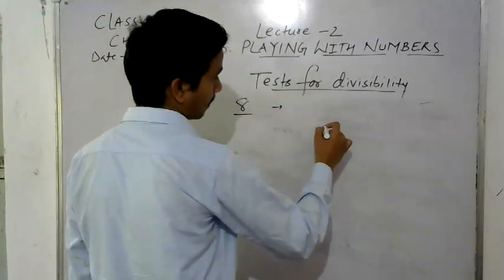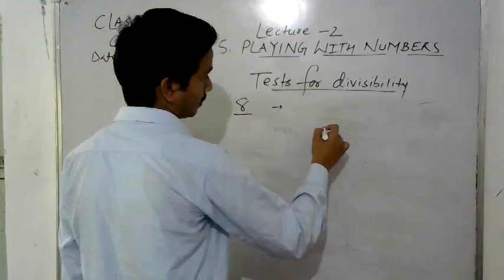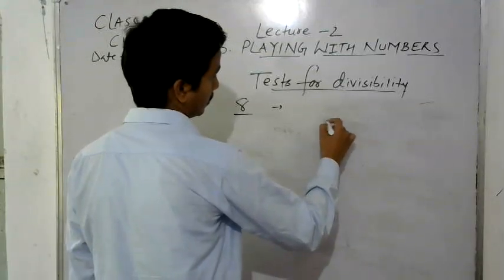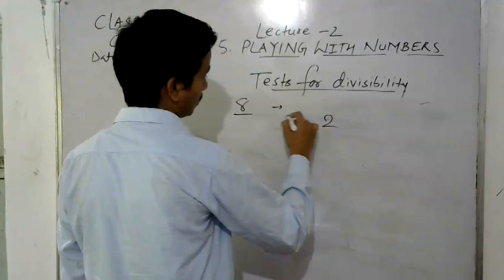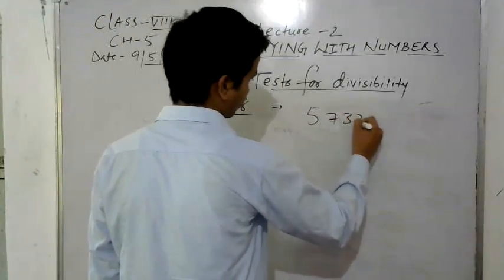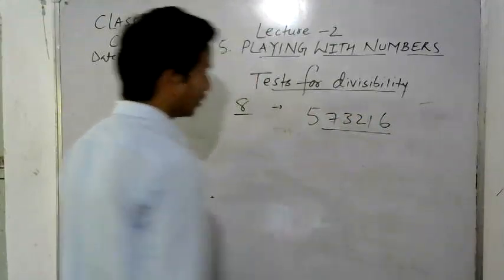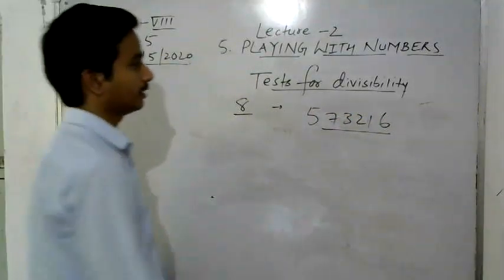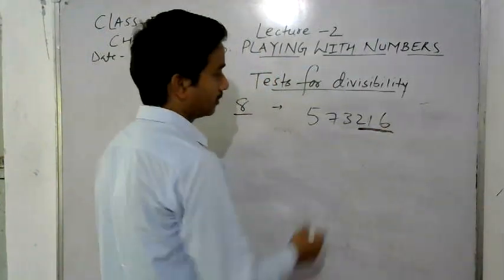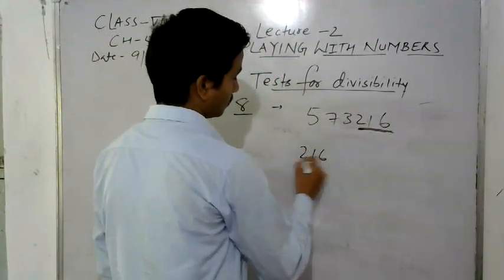For example, 573216. We have to check whether this number is divisible by 8 or not. You have to see just the last 3 digits, whether they are divisible by 8 or not.